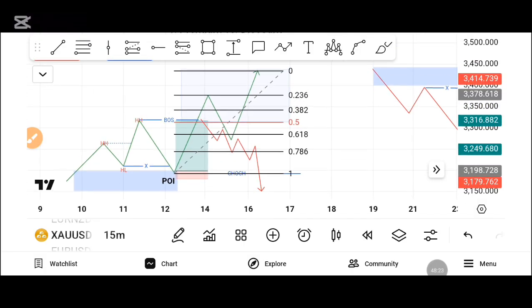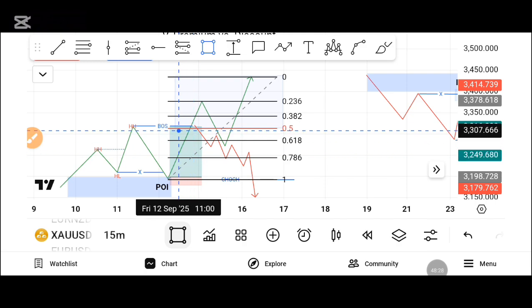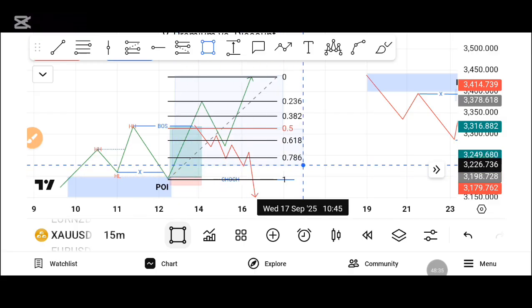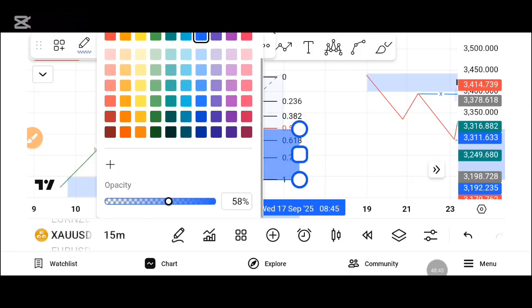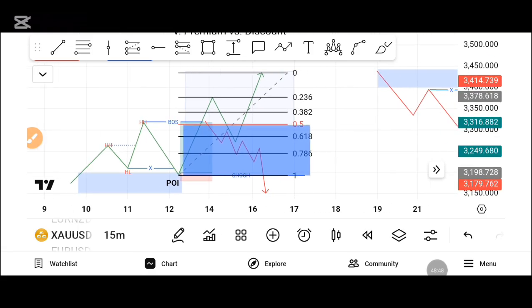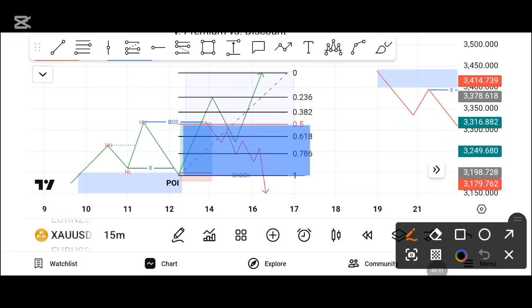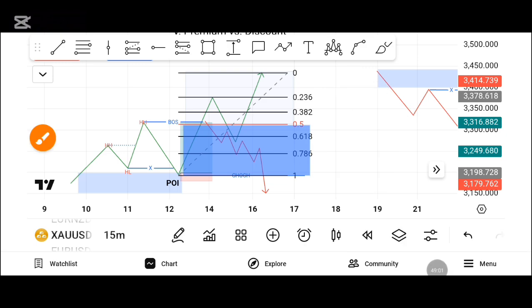From this 0.5 is our discount, and you would like to buy from this point. This is your premium versus discount.